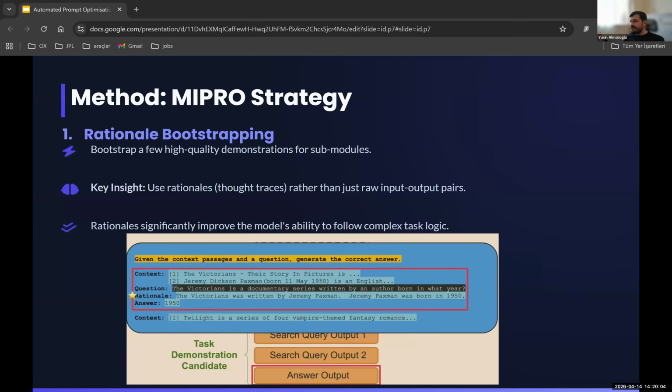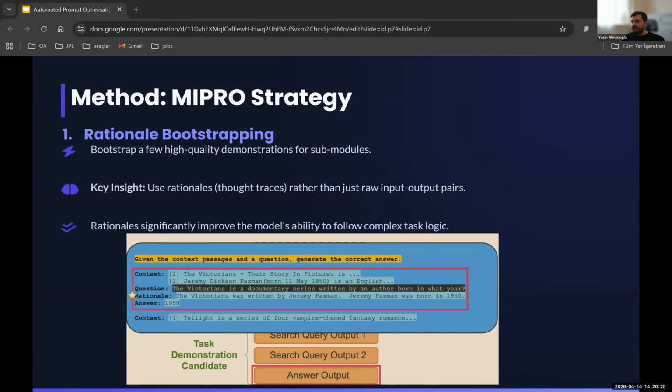The rationale basically forces the model to attend to the logic of the task even before it commits itself to an answer. What happens is it simplifies the optimization pipeline for the LLM. And it starts with bootstrapping a few examples.